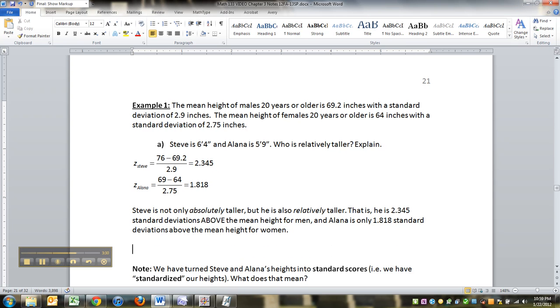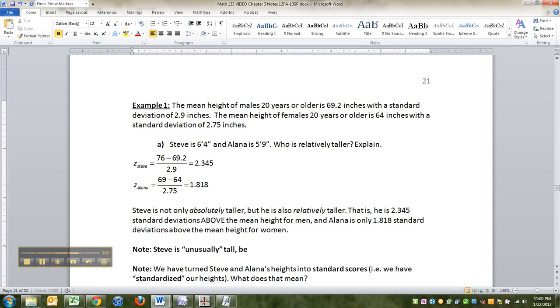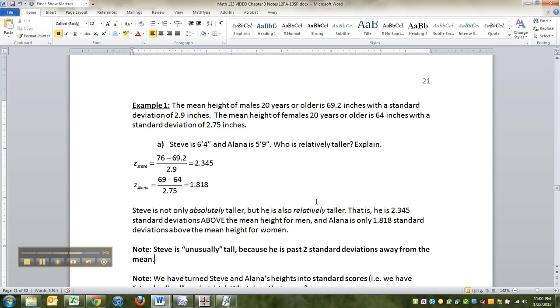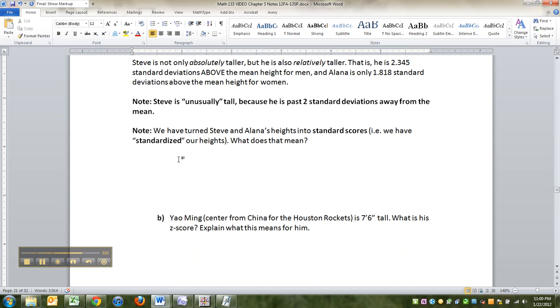So I better make a note of that. So note, Steve is unusually tall because he is past 2 standard deviations away from the mean. You can do it to the low side too. You can be at negative 2.